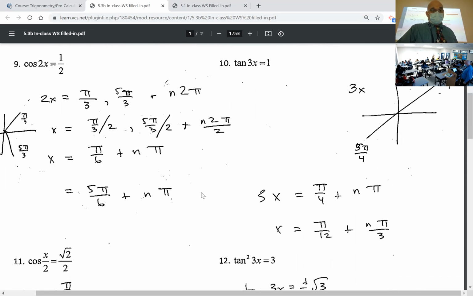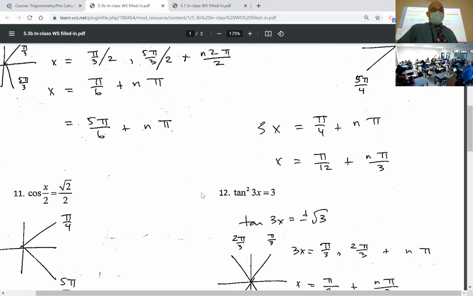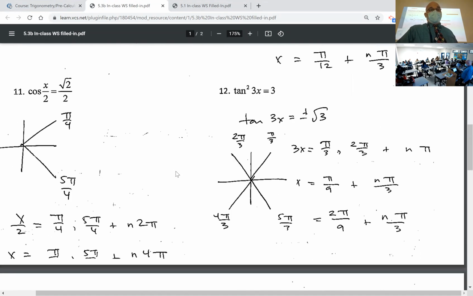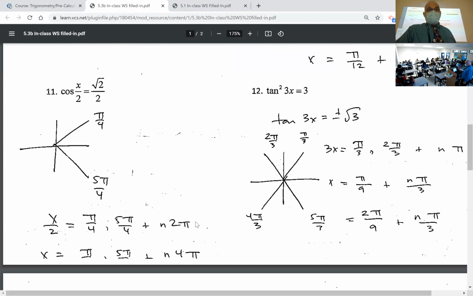All right. Finally, number 11 and 12. Cosine of x over 2 is equal to square root of 2 over 2. Well, that means that cosine is equal to square root of 2 over 2 in quadrants 1 and 4, pi over 4 and 7 pi over 4.